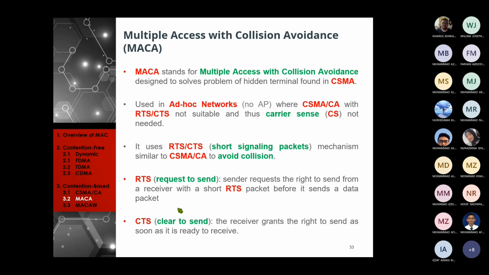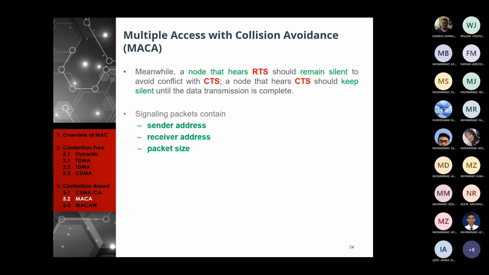CTS ataupun clear to send. RTS tadi apa? Request to send. So CTS, the receiver grants the right to send as soon as it is ready to receive. So meanwhile, note that here nodes hearing the RTS should remain silent to avoid conflict with CTS. Note that here nodes hearing the CTS should keep silent until the data transmission is complete.